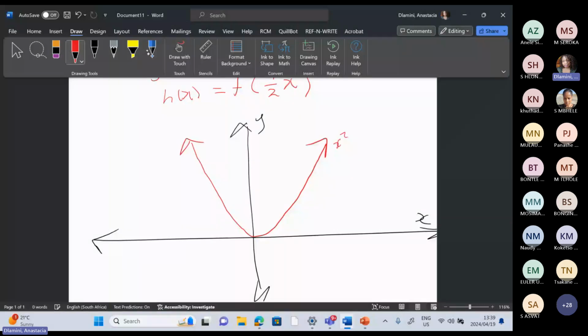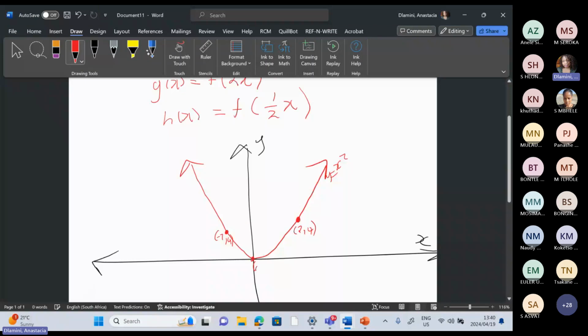You choose 2 here, substitute it into the parent function, and you get 4. You choose negative 2, substitute into x squared, and you get 4. Now g of x. Okay, so 0 is 0 here.